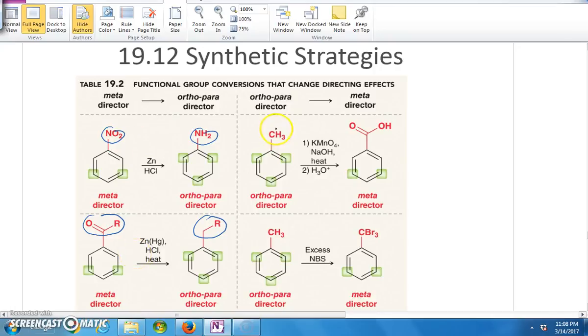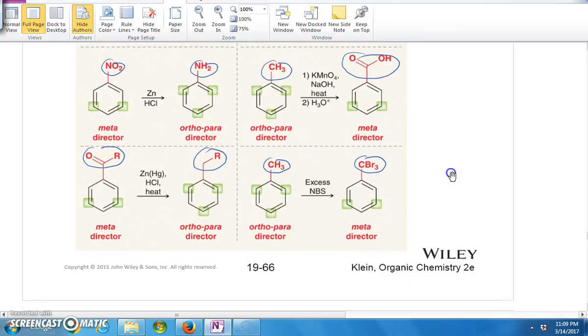Or you can have an ortho-para director which is a methyl group converted to a meta director which is a carboxylic acid group, or a methyl group which is an ortho-para director converted to the tribromomethyl group, which is a meta director. So you can convert one meta director to the ortho-para, or the ortho-para director to the meta director, whichever you choose.